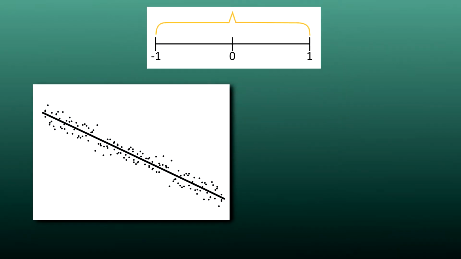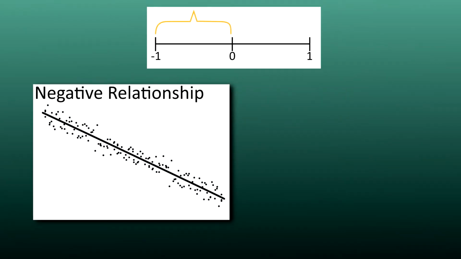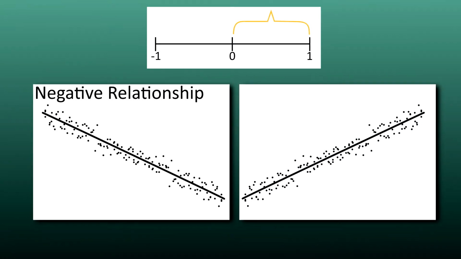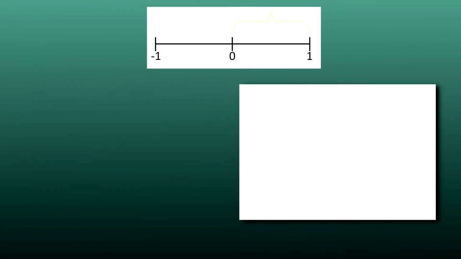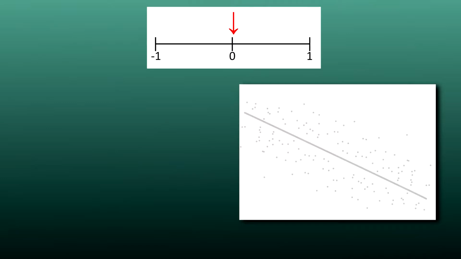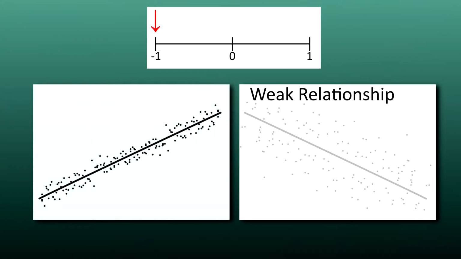Not surprisingly, negative values of r indicate a negative direction for a linear relationship between the two variables, and positive values indicate a positive direction for the linear relationship. Values that are close to 0, whether they're negative or positive, indicate a weak linear relationship, and values that are close to -1 or close to +1 indicate a strong linear relationship, either negative or positive.